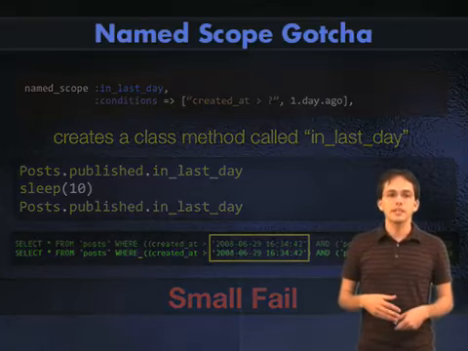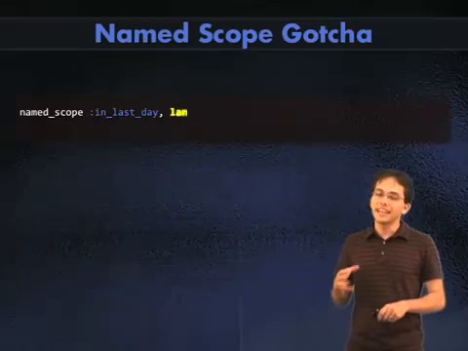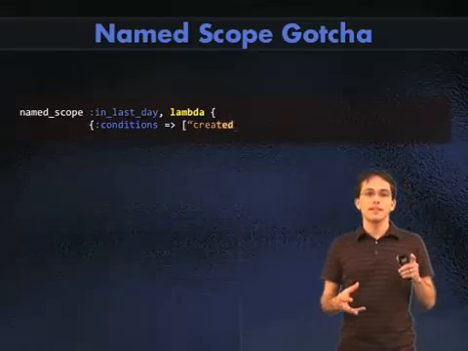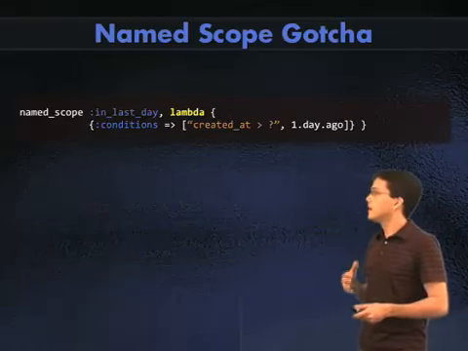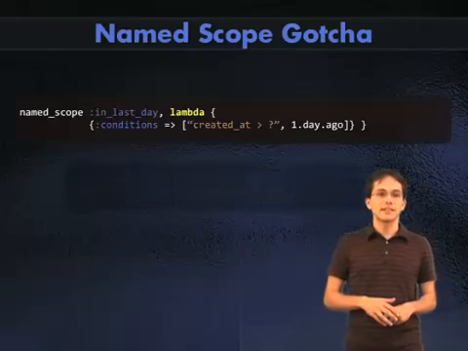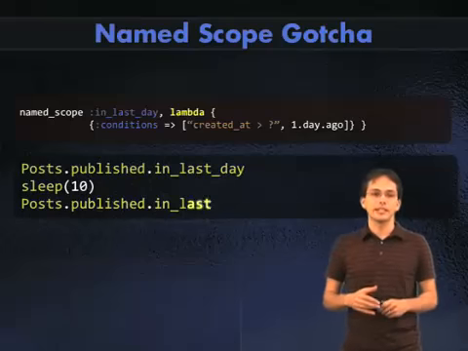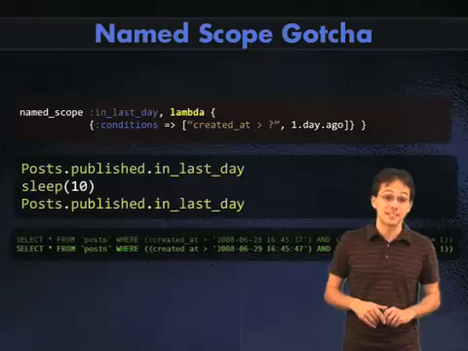To fix this, what we can do is simply add a lambda to our association. What that guarantees is that every time namescope gets called, a new date gets created. So if I run the same code that I ran a second ago, with this lambda, I'm going to see that each query is about 10 seconds apart, as it should be.